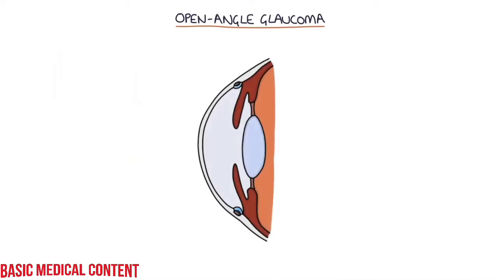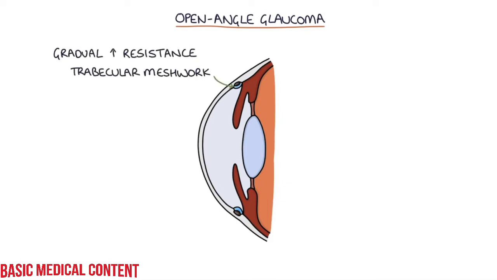So let's talk about the pathophysiology of open-angle glaucoma. In open-angle glaucoma, there's a gradual increase in resistance through the trabecular meshwork. And this makes it more difficult for aqueous humor to flow through the meshwork and exit the eye. Therefore, the pressure slowly builds within the eye, and this gives a slow and chronic onset of glaucoma.